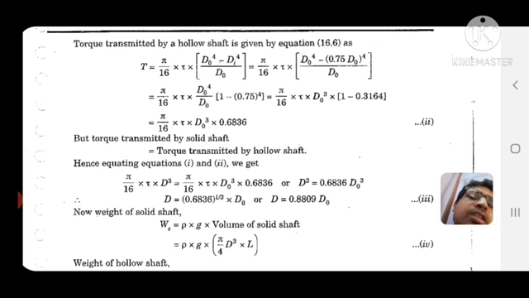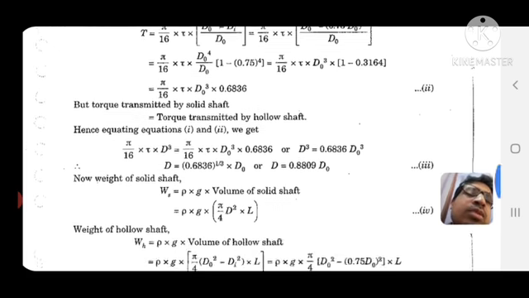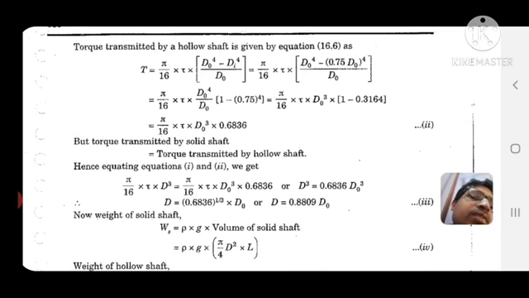So that is equal to pi by 16 into tau into (d0 to the power 4 minus 0.75 d0 to the power 4) by d0.